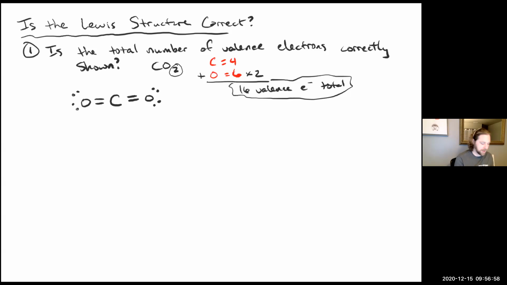So these two are 2, and this next set is another 2 to get me 4, so I'm counting 2, 4, then 6, 8, 10, 12, 14, and then this last pair would get me up to 16. Once I get up to 16, I know that I've drawn all of the valence electrons that I need to, exactly 16, no more, no less.